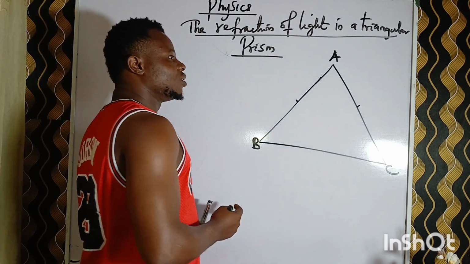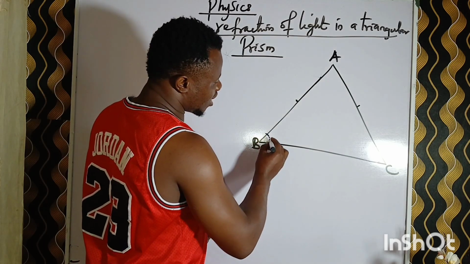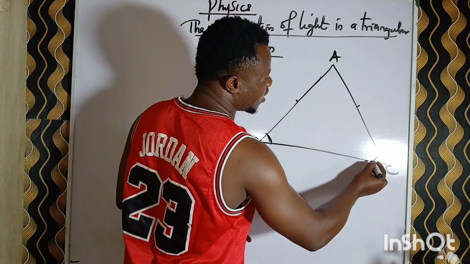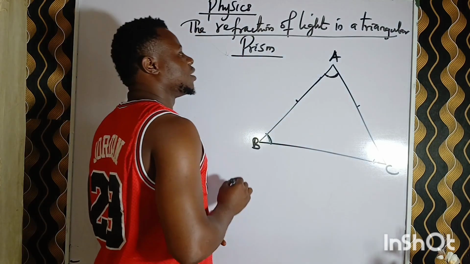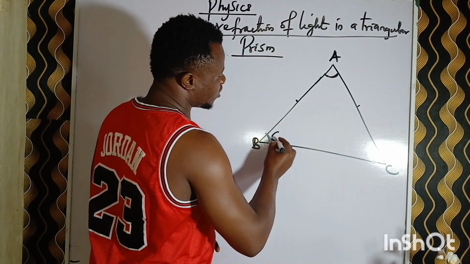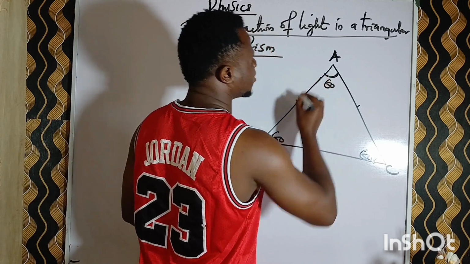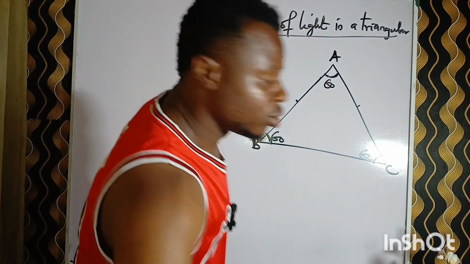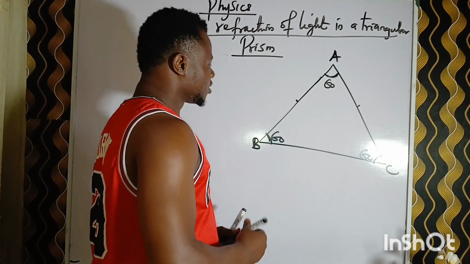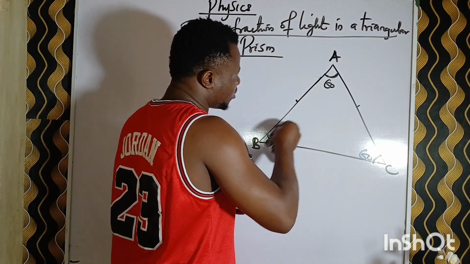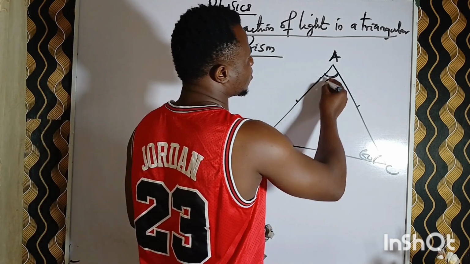And one thing about the equilateral triangle is what? All angles are equal. So this angle here is equal to this angle here and also equal to this angle here. And the angles of an equilateral triangle are 60, 60, 60. So in that case, we can say that this angle, which is 60, is the angle of the prism.